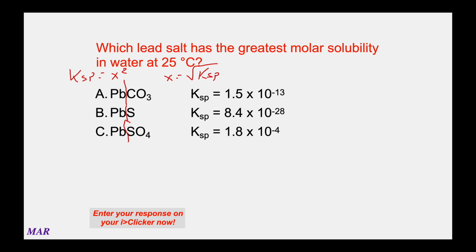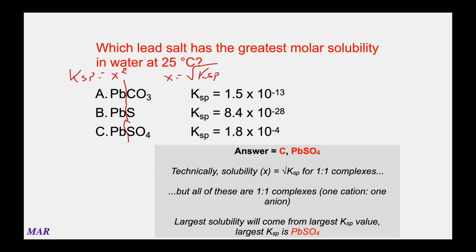It should have the greatest solubility. And you can see the first two Ksps are very small. The third one is small, 10 to the minus 4, but compared to the other ones, that's large. So my money would be on answer C here, because the biggest solubility should come from the biggest Ksp, most product favored. And sure enough, that's exactly what it is.